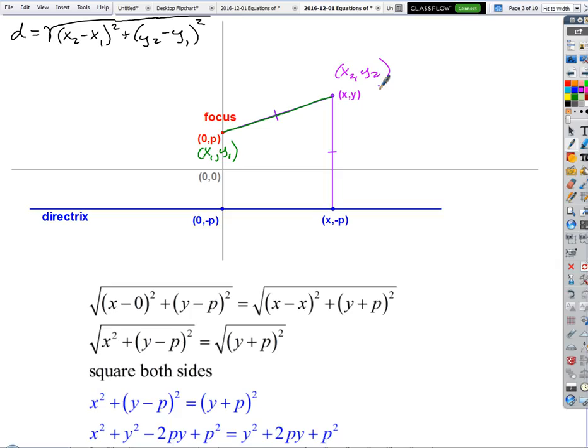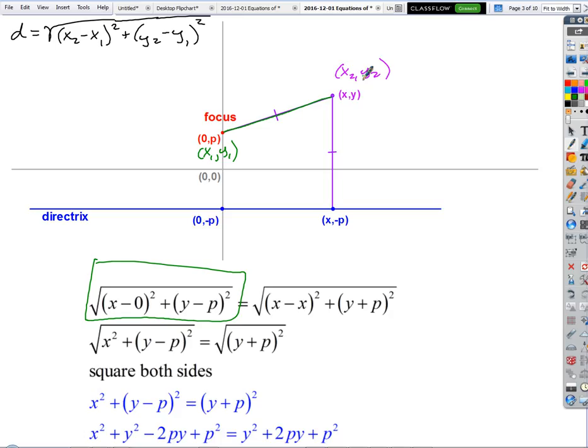And we'll just plug those in. So the square root of (x2 minus x1) squared is just the square root of (x minus 0) squared, right? And then (y minus p) squared. So this is our distance formula when we use the green and purple endpoints, right? Make sense? Okay.